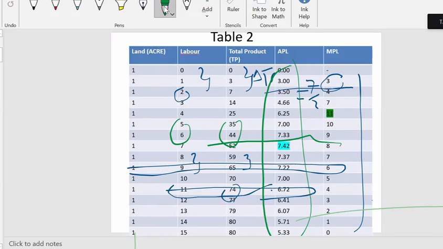The more you increase labor, the less the average product. Similarly, the marginal product initially increases as you increase the number of laborers, but at this point the marginal productivity starts diminishing. Will you see the law of diminishing marginal return? Okay? In simple logic, if the land is fixed, right?